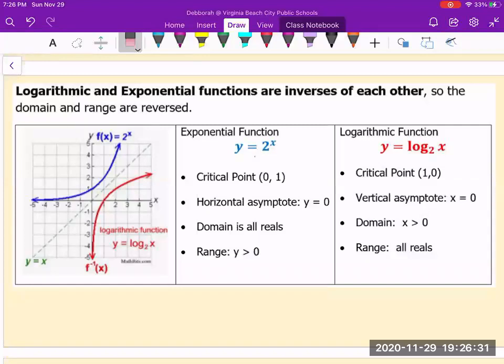Now let's take a look at the relationship between the logarithmic function and the exponential function. If you notice, the exponential function is reflected over the line y equals x to create the logarithmic function. Hence, they are inverses of each other. We might recall that in order to find the inverse of a function, we switch the x and y.